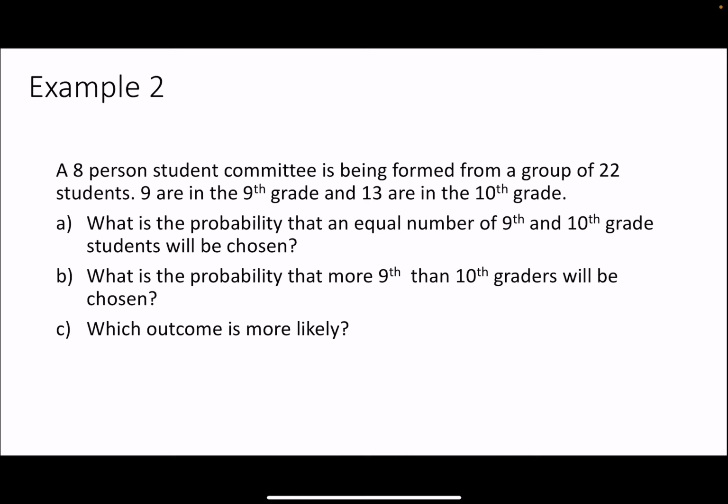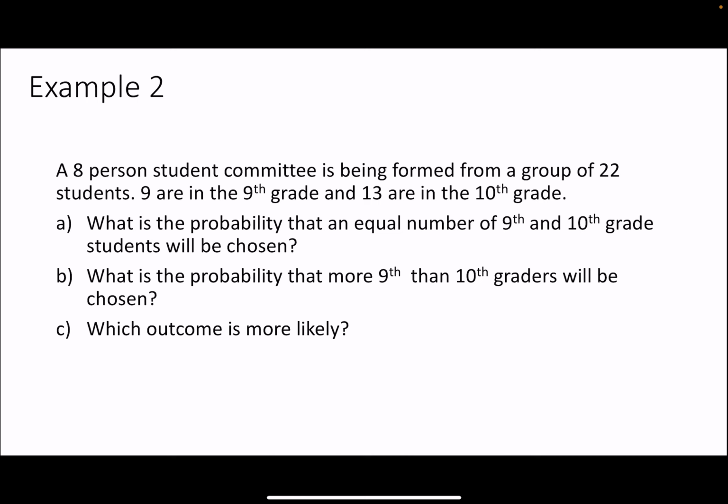Here's another example. An 8-person student committee is being formed from a group of 22 students. 9 are in the 9th grade and 13 are in the 10th grade. What is the probability that an equal number of 9th and 10th grade students will be chosen?